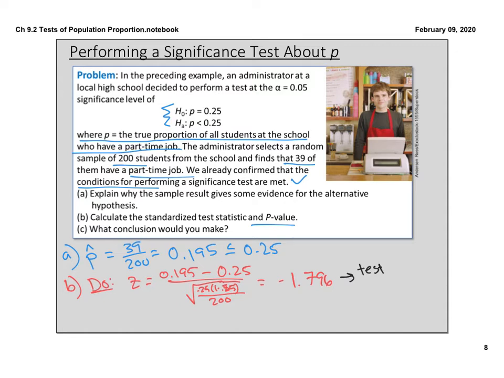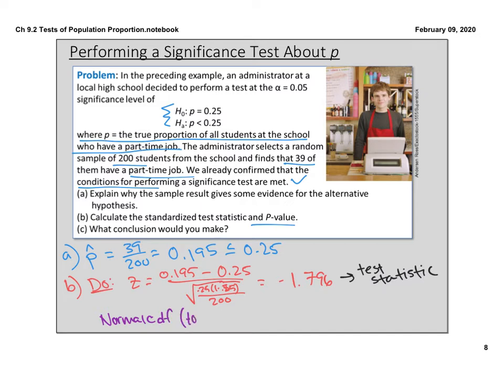Now, the test statistic is what I'm going to find the probability of. So here's where I'm going to go to normal CDF, and I type in all those things.